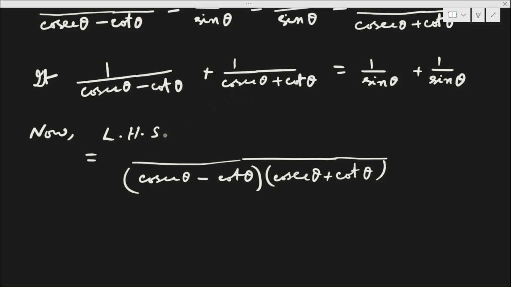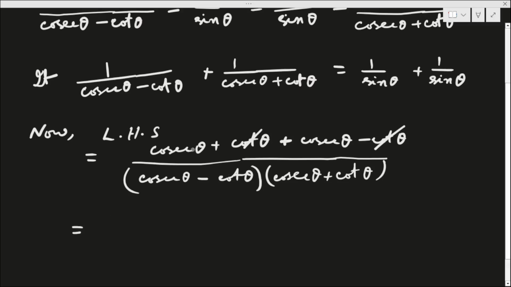So in the numerator, cosec theta plus cot theta plus cosec theta minus cot theta. Easily understandable, cot theta cancelled. So cosec theta plus cosec theta is 2 cosec theta.